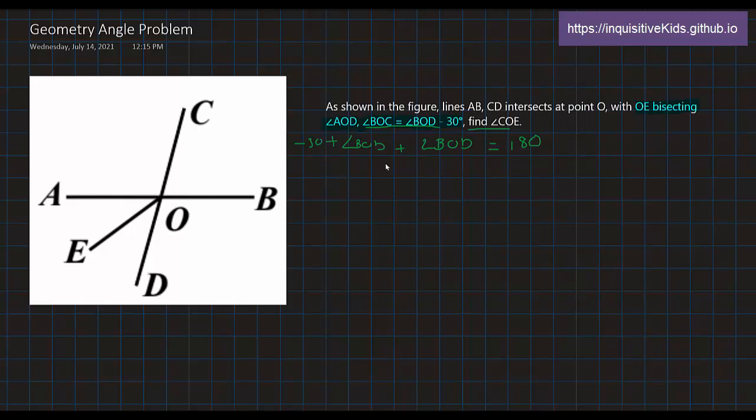Now we can solve. So we add a 30 on both sides. So 2 BODs is equal to 180 plus 30, which is 210. And on both sides we divide by 2.